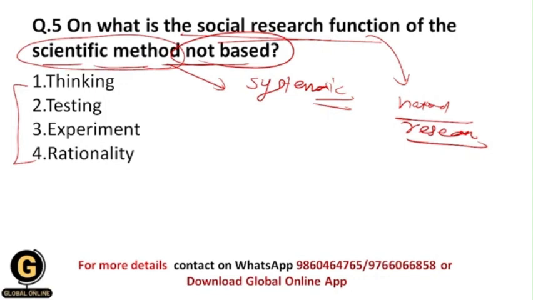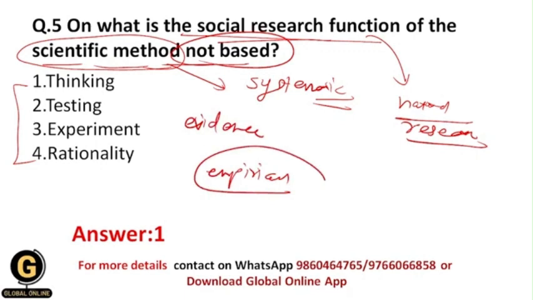Okay, and that's why the social research function of the scientific method is not based upon thinking, because it is based upon evidence, it is based upon empirical methods. Empirical methods means basically we observe the facts, we measure those facts, and we have proper evidence, and based upon that evidence we come to the conclusion. So here we don't only think about it, we take actions.